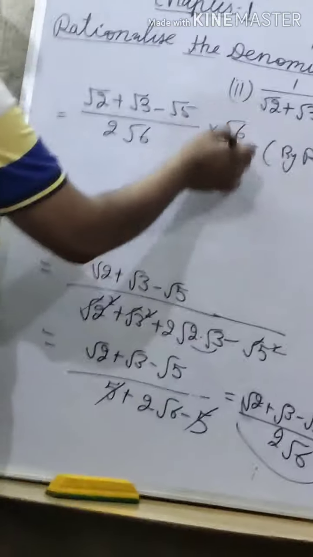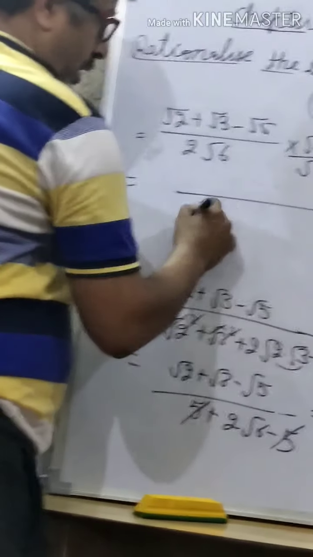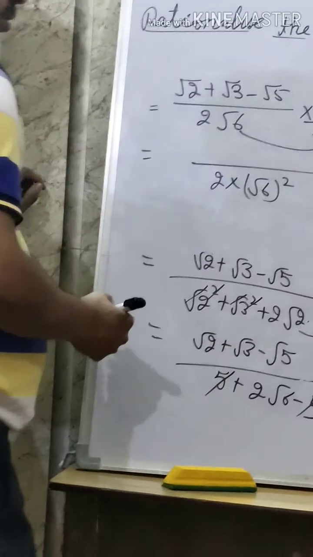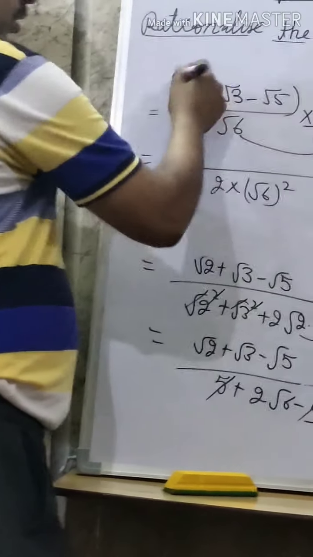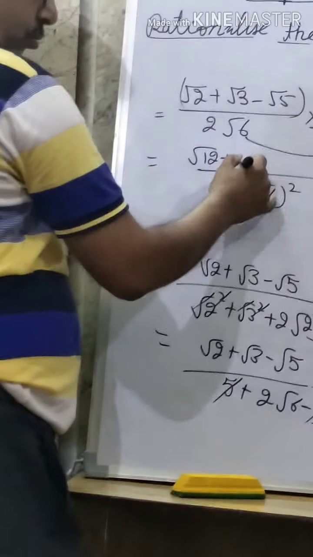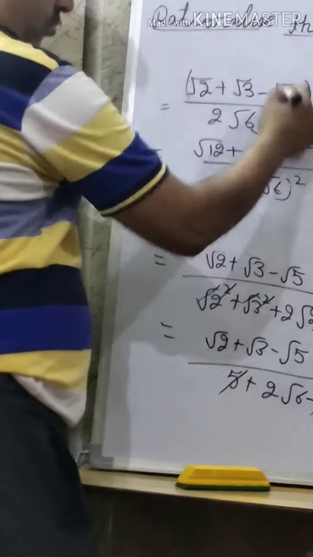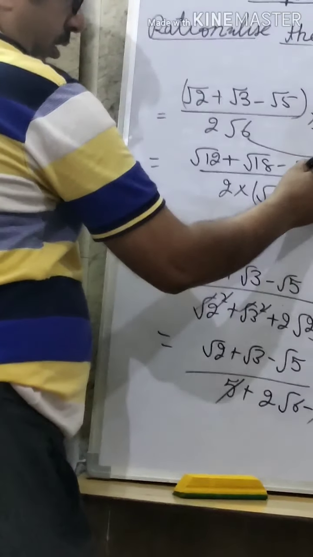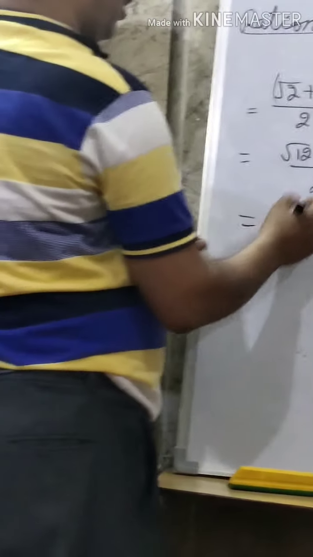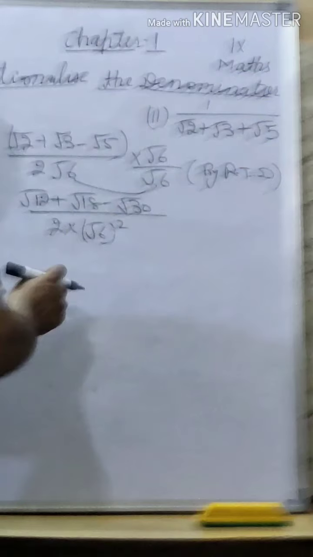So now, first the denominator: 2 root 6, 2 root 6 square. Now upside, you see root 6 into root 2, root 12, root 6 into root 3, root 18, root 6 into 5 is root 30. So my dear students, it is root 12.